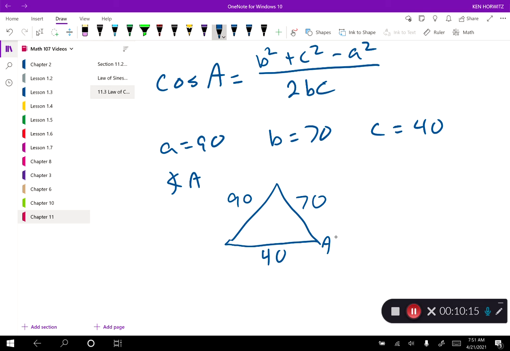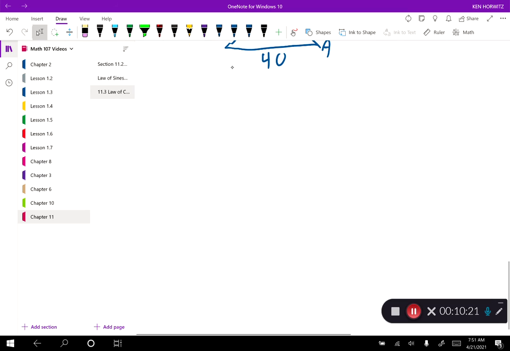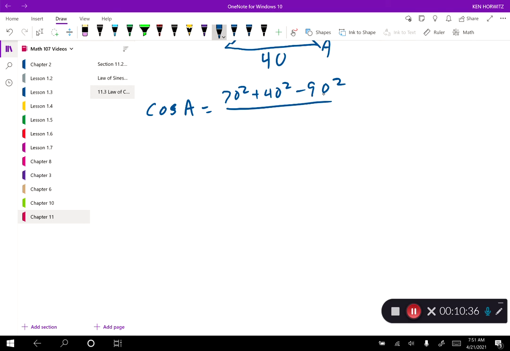So let's start filling in this formula with the information that we have. All right, so I'm going to scroll up for a little bit more space. I'm going to say the cosine of A equals 70 squared plus 40 squared minus 90 squared over 2 times 70 times 40.